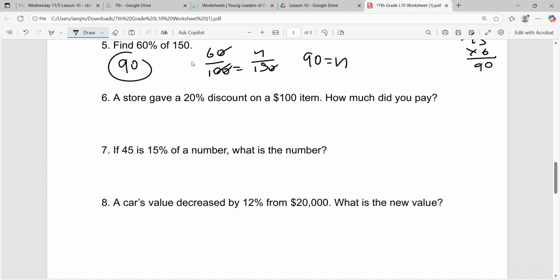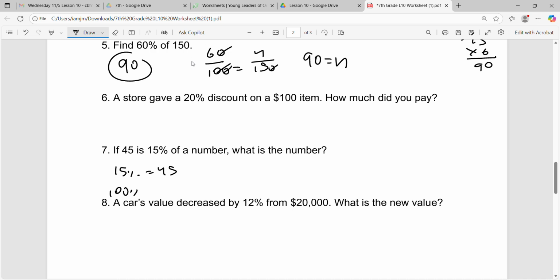Number 7. If 45 is 15% of a number, what is the number? This one is asking for the original number, so it's asking for the 100%. Right now we're given that 15% of the number is 45.